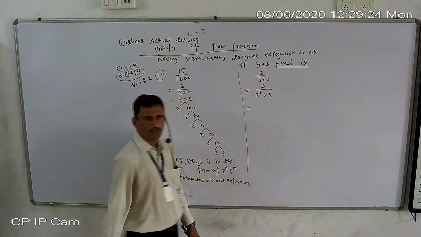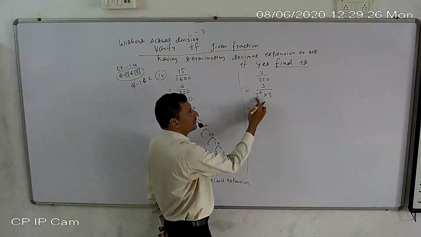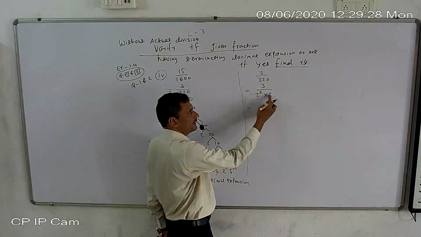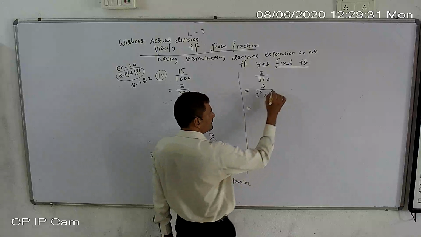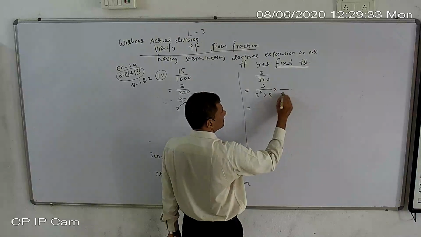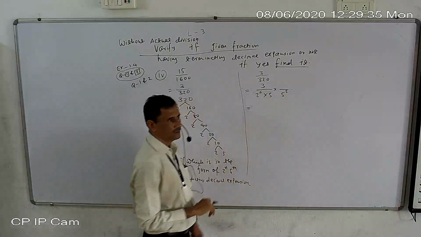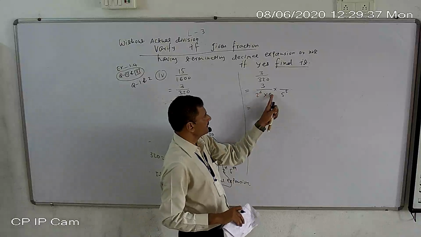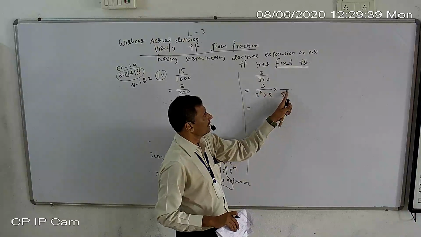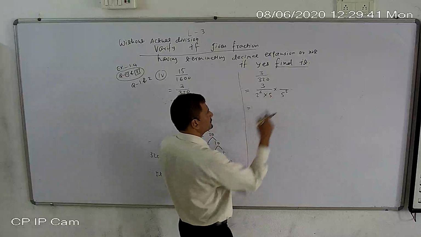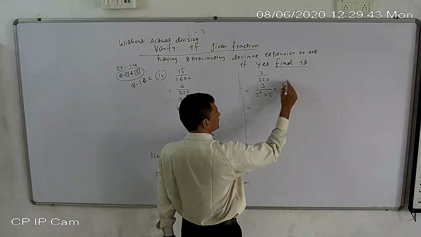Now in the denominator, 2 has degree 6, 5 has 1 only. So how many are missing here? 5 degrees. So 5 has the lesser degree, how many less? 5, because 1 is already given, so we have to multiply by 5 raised to 5.